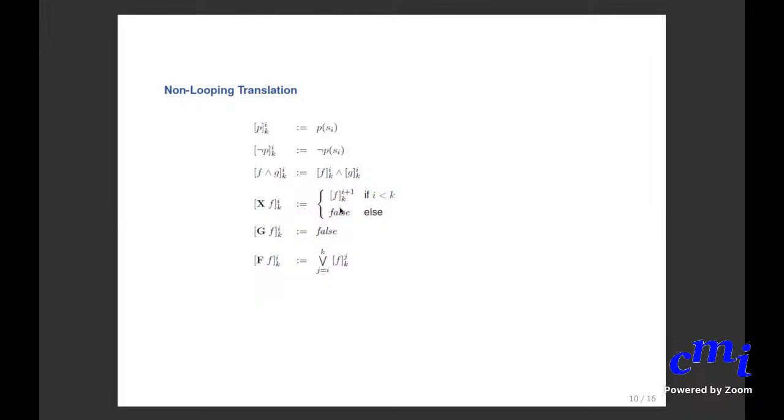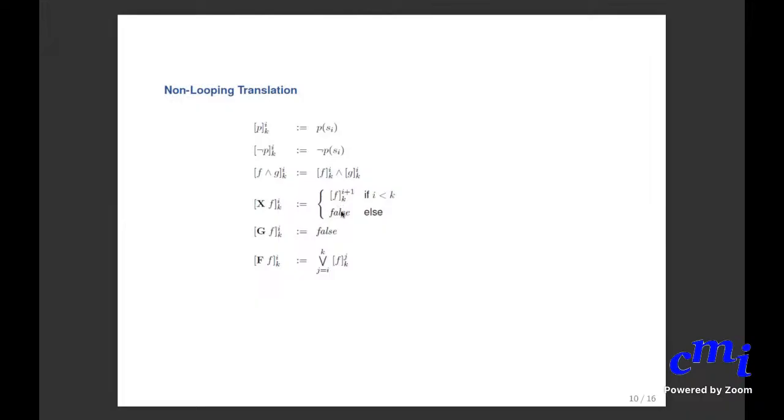As long as I is less than K, all you need to do is check if F is true at the successor state, at I plus 1, and that requires you to recursively apply the translation schema that we are defining. So this is a nested translation.